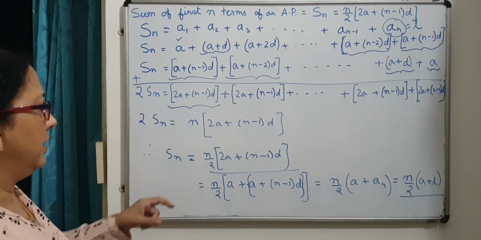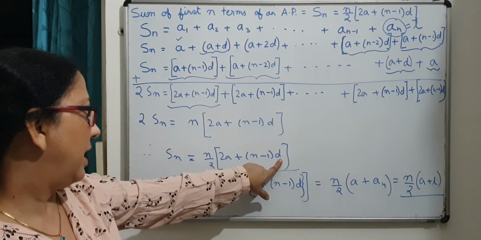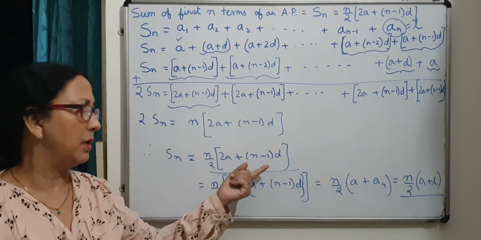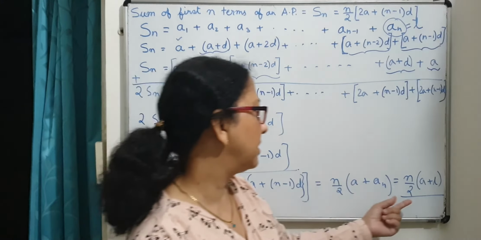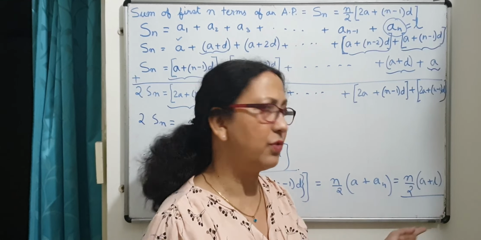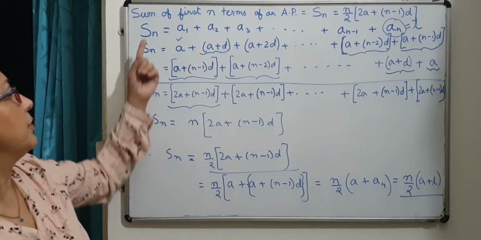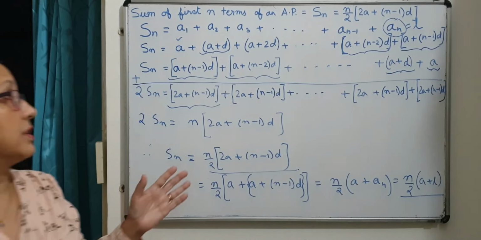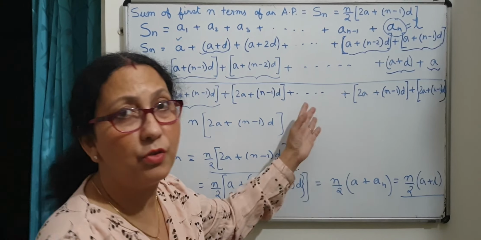So when in an AP we know the first term and the common difference, and also the number of terms, we can very easily find the sum by using this formula. But when the common difference is not known, but we only know the first term and the last term, then we can use this formula. So this is about the derivation of the formula for the first n terms of an AP series. Okay, and we will be doing some examples where the application of these two formulas will be shown.